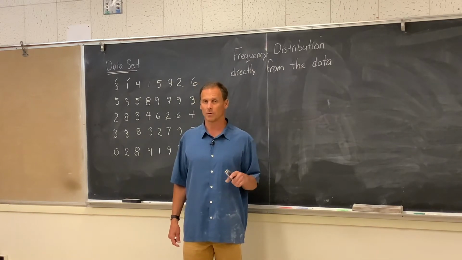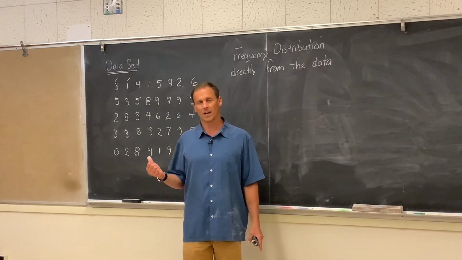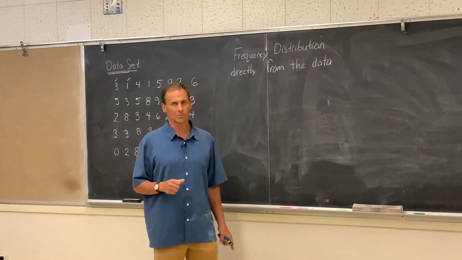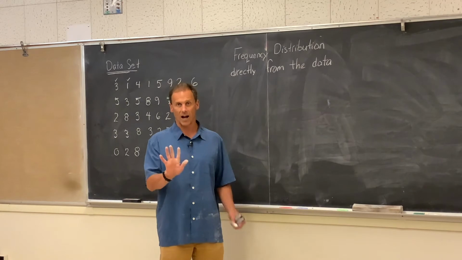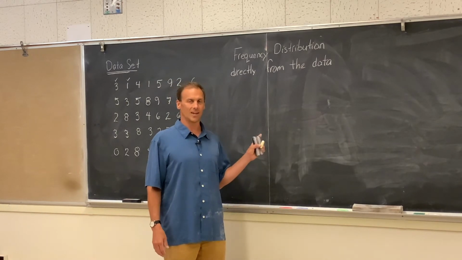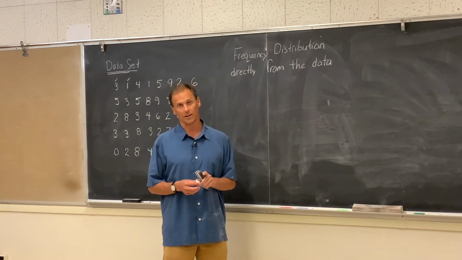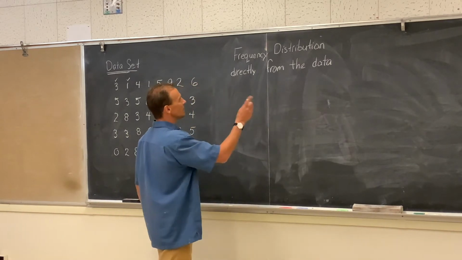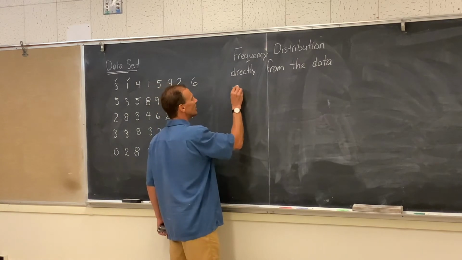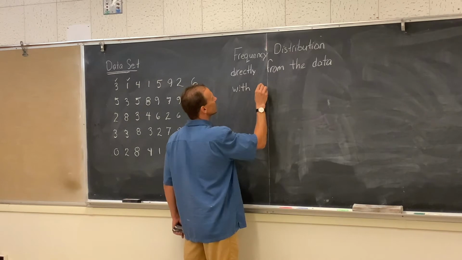So in this example, we're going to make our frequency distribution from the data, with 5 classes. If we do this correctly, it should be exactly the same as the histogram and frequency distribution we've already seen.